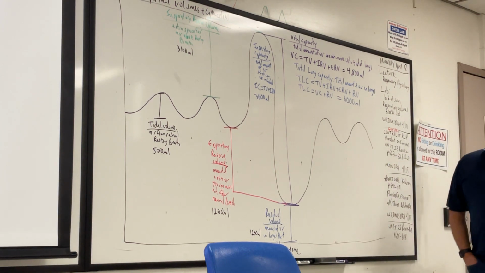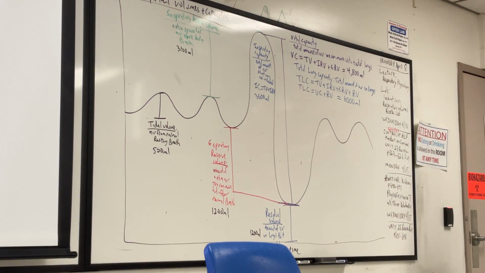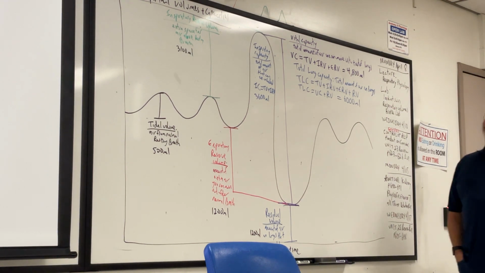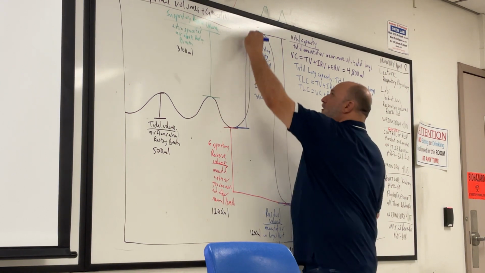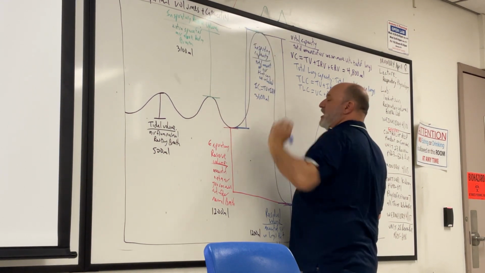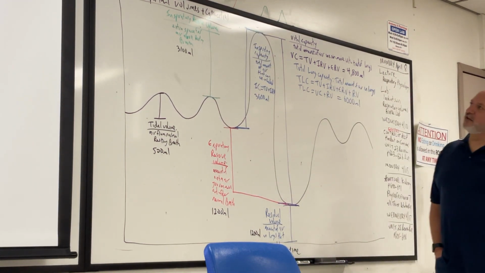And if we wanted to measure this on our graph, how would we do that? Bottom of tidal volume to top of inspired. Bingo. From the bottom of our tidal volume all the way up to the top of our max inhalation.